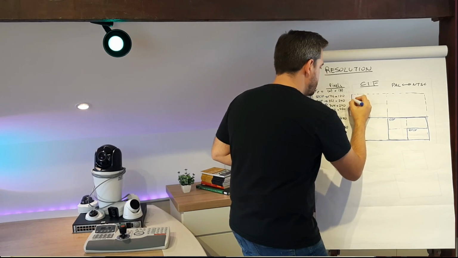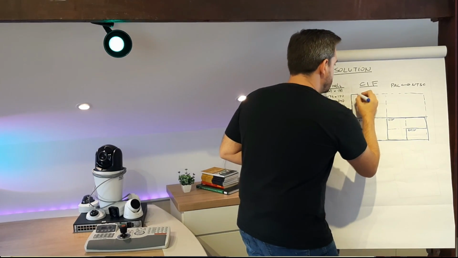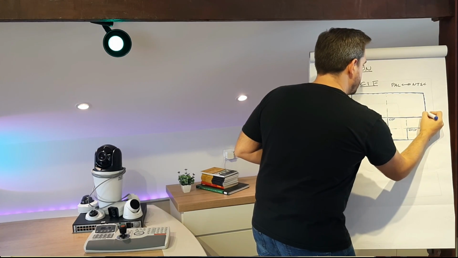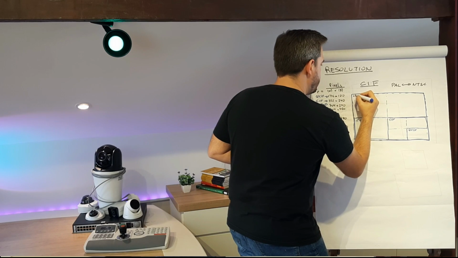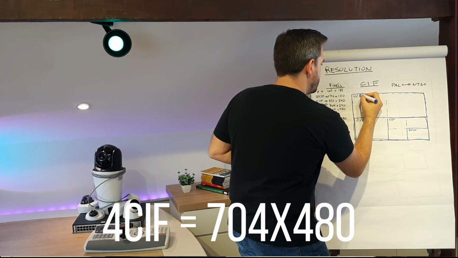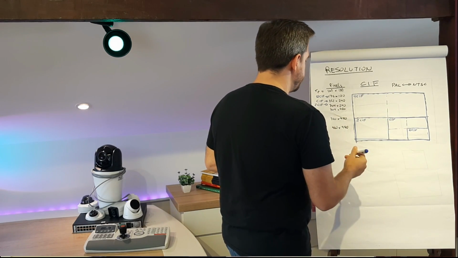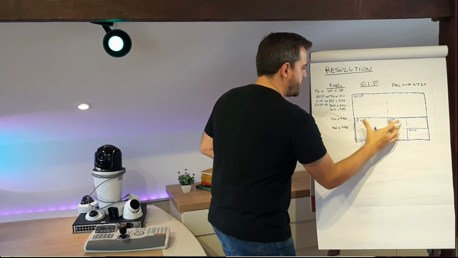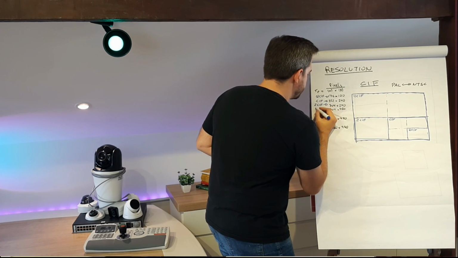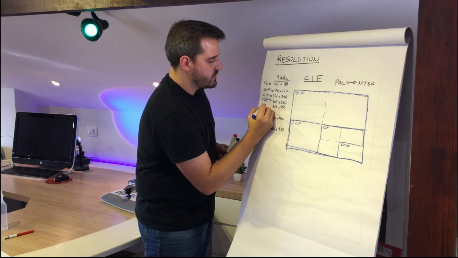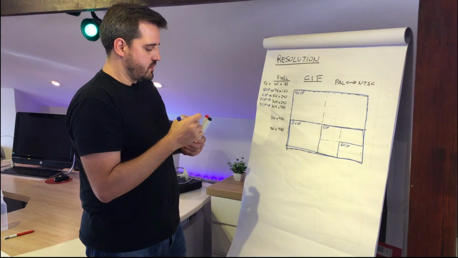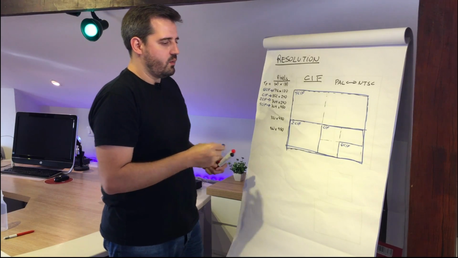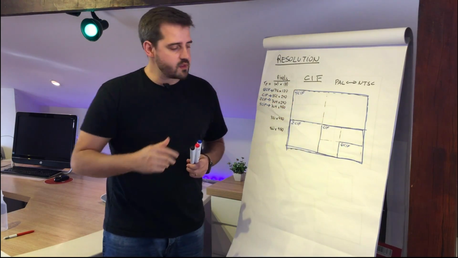And the last one, this major box, is 4CIF. It's the highest resolution, which is twice the proportion of 2CIF. Okay, so that's just to understand the proportion between the CIFs.